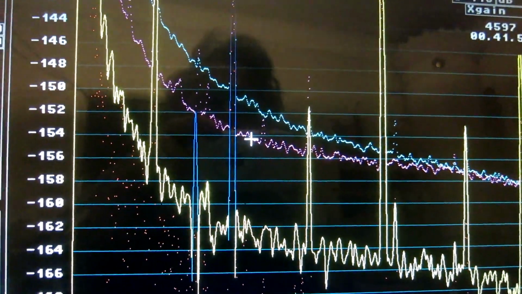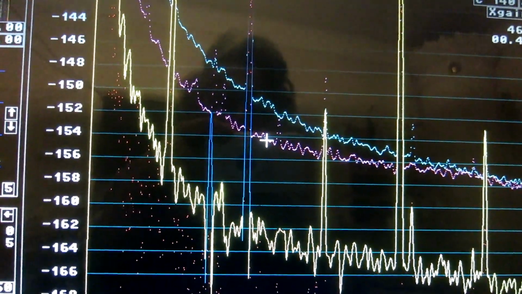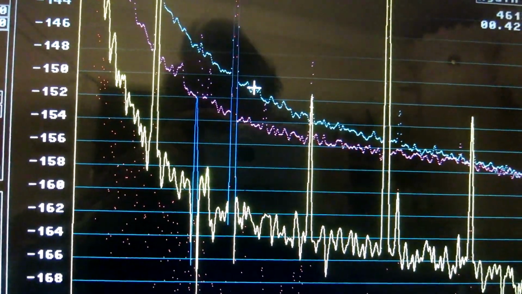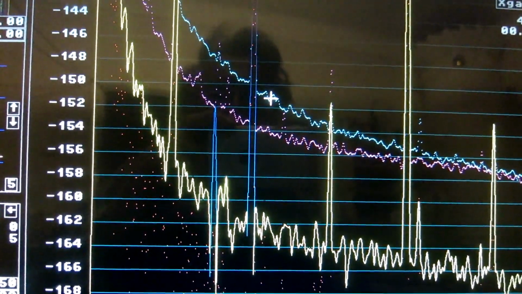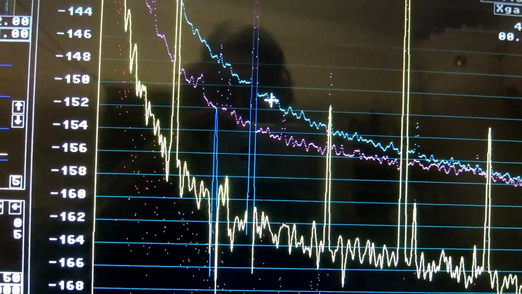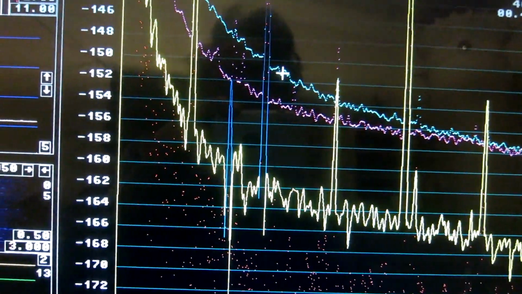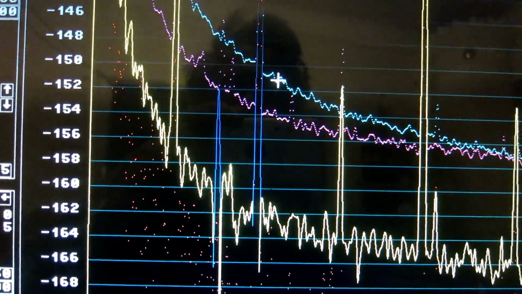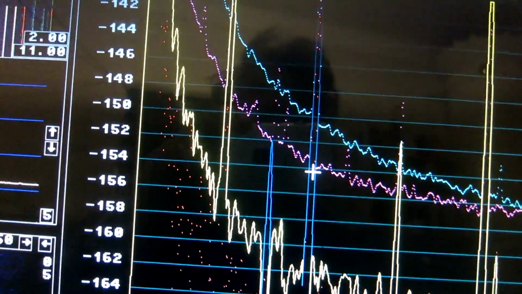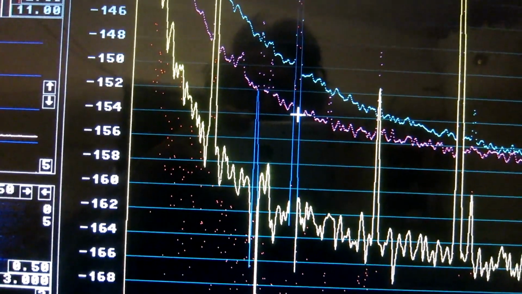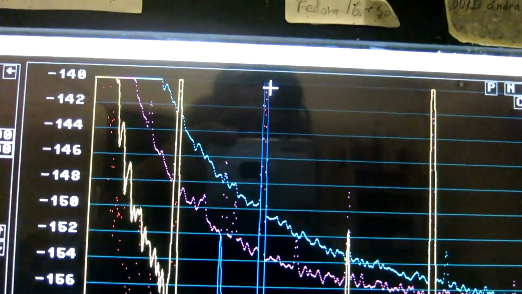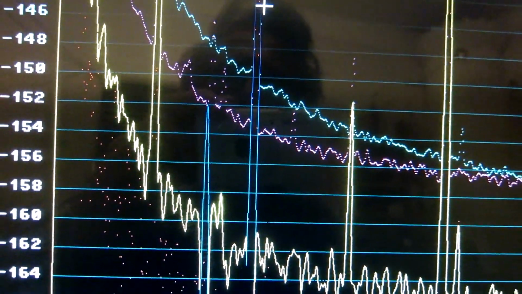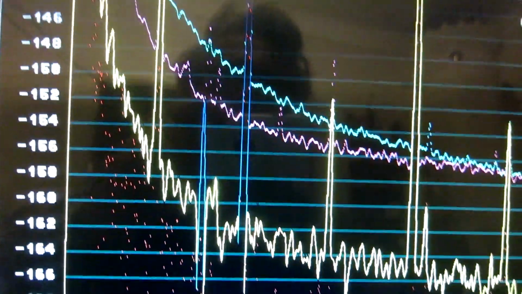The red track is the power of the phase modulation in channel 2, while the green trace is the phase modulation in channel 1. And it's very obvious that phase modulation is much stronger in channel 2. You can see the red dots go all the way up here, while the green dots, they go also very high.